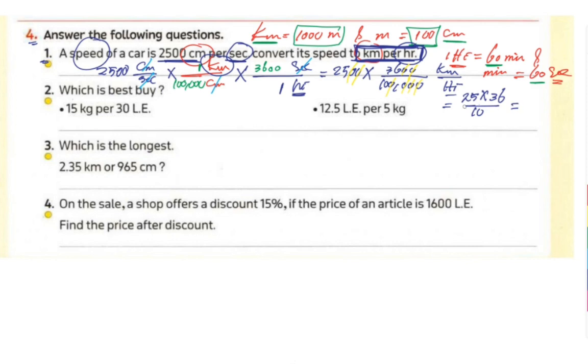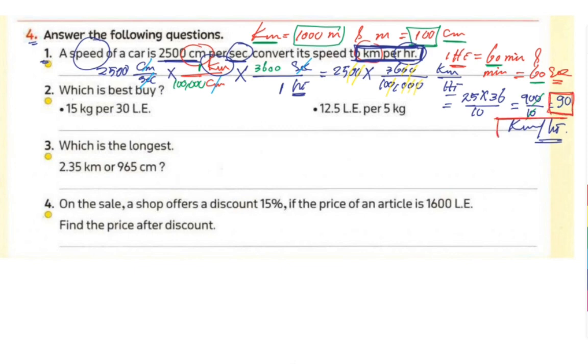If you multiply 25 times 36 by standard algorithm, you will find 900 over 10. And I can simplify 0 with 0. Now the result will be 90. 90 what? 90 kilometer per hour, and that's the right solution.